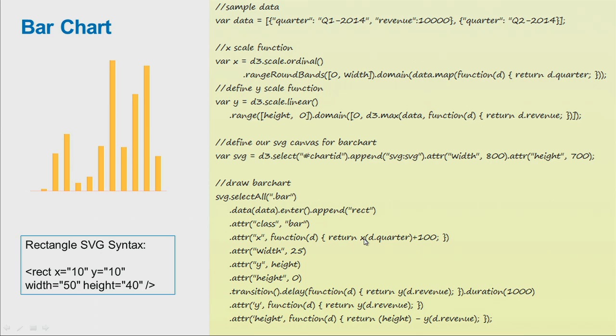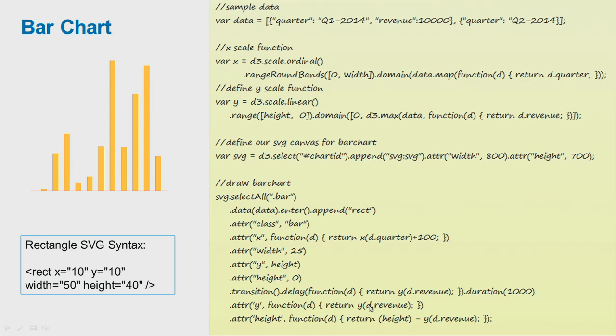That's our quarter, in this case Q1 2004. And I'm setting the width here. For y values, we are applying the y function, which is a linear function, which takes our values and transforms them into a y coordinate point.